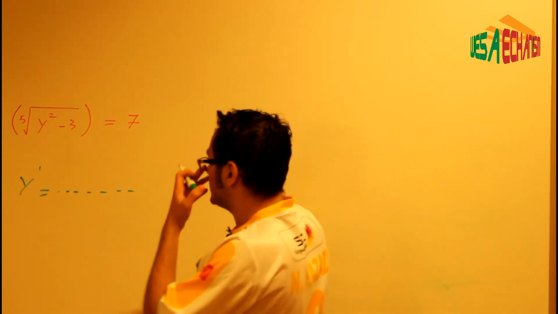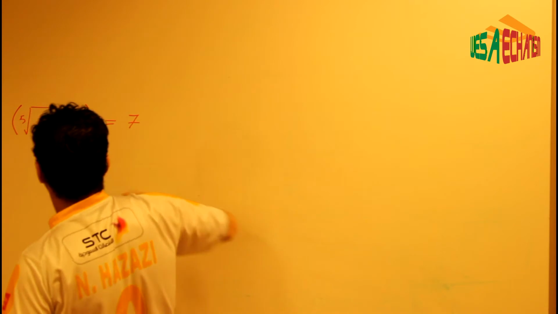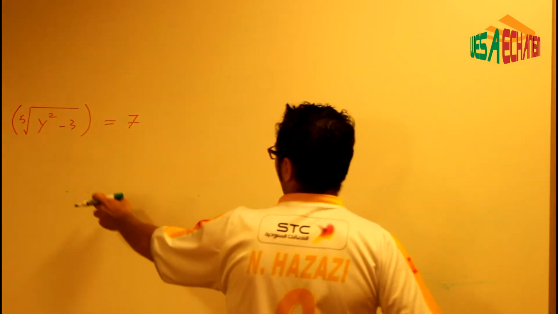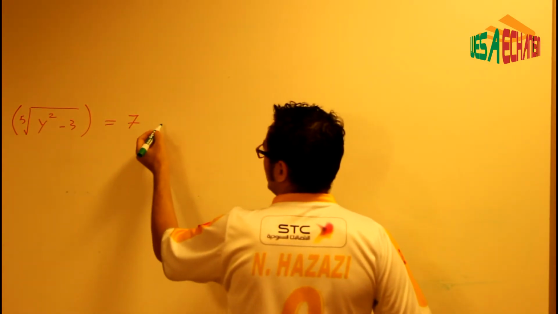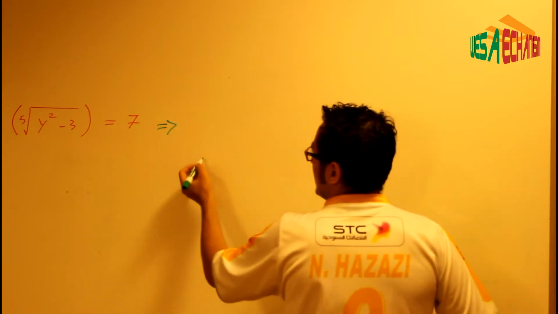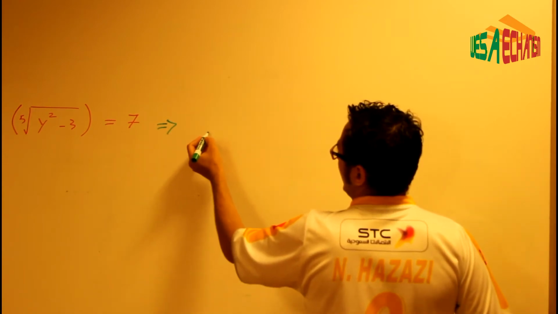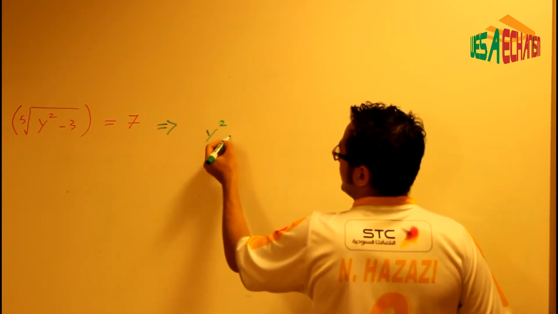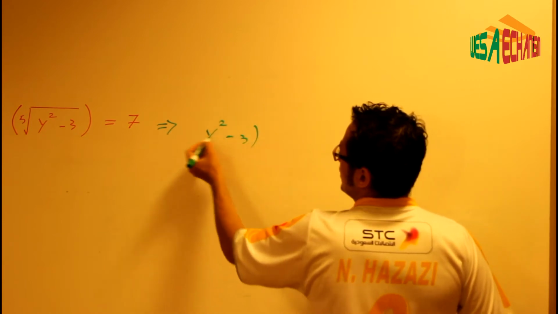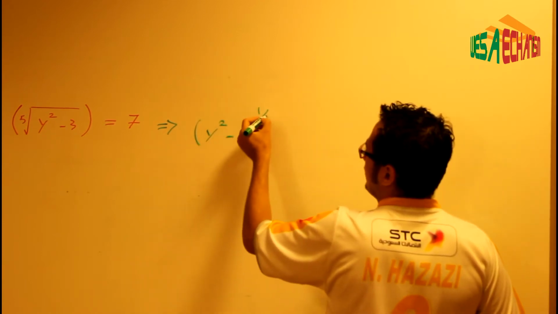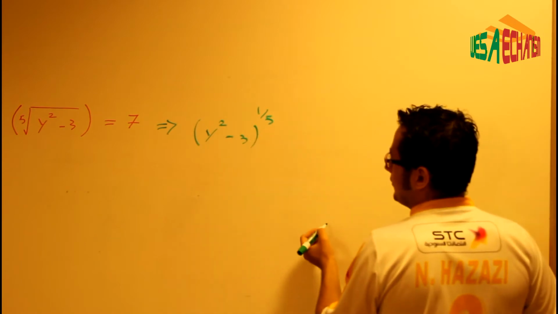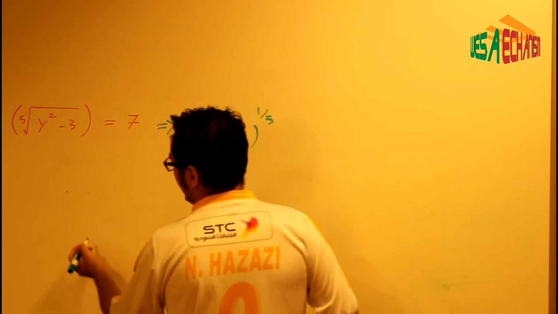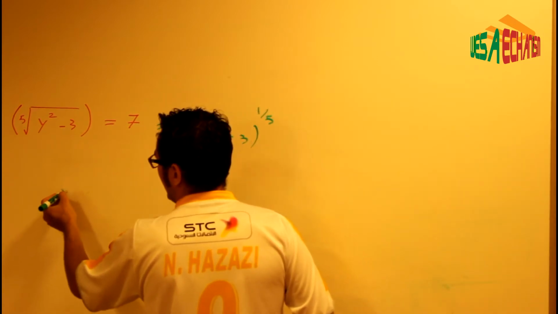So the first thing we want to do is simplify this first. We have y squared minus 3, all to the power 1 over 5. I just want to explain something real fast.